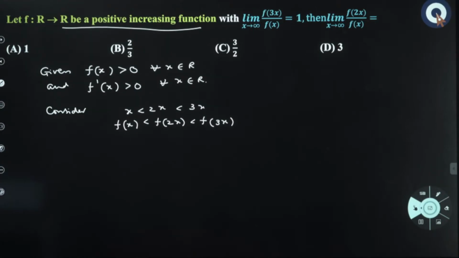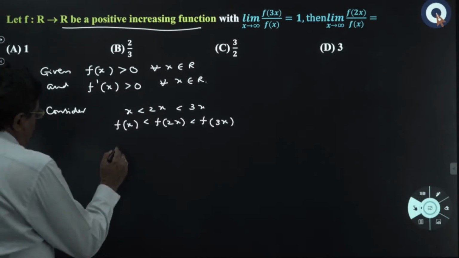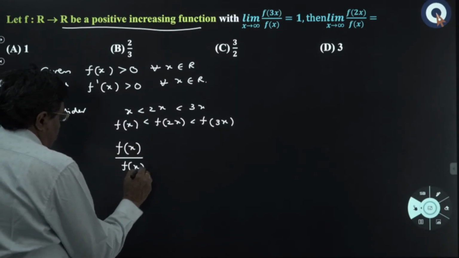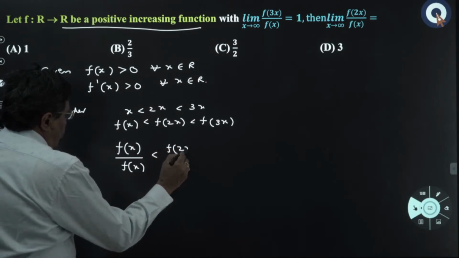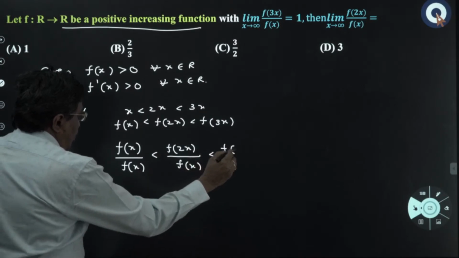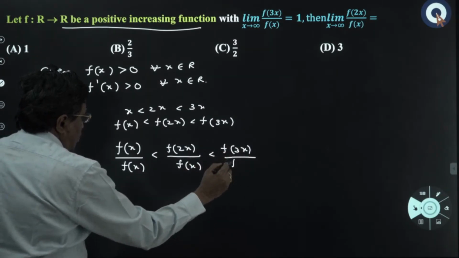Now if I divide throughout with fx, I get fx by fx less than f of 2x by fx and less than f of 3x by fx, right?